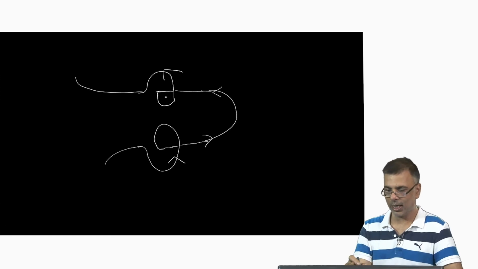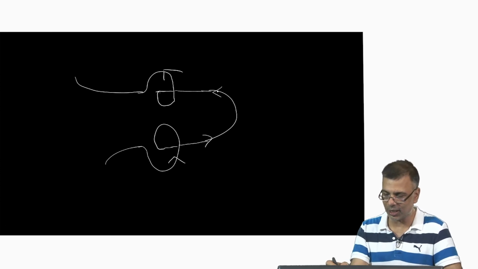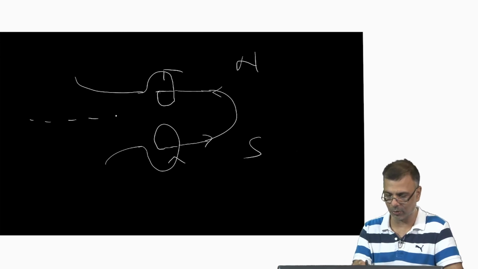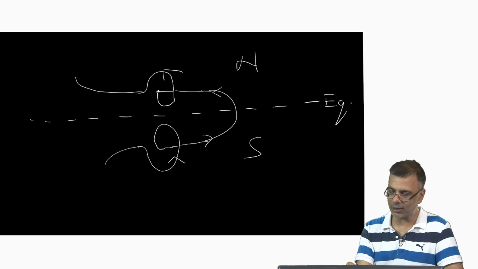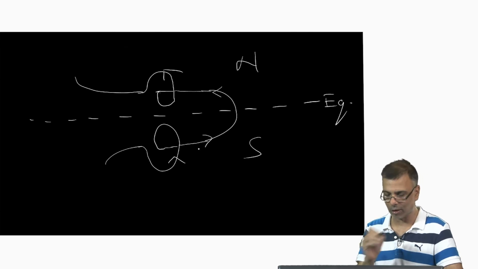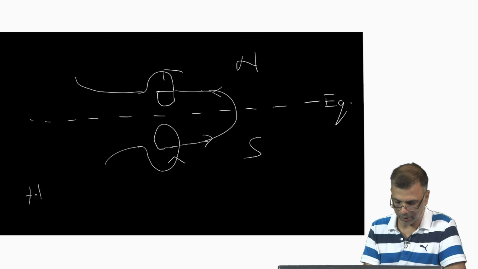You see this one is pointing this way and the rolls are this way, and this other one is pointing the other way, so this would be the north hemisphere and this would be the south hemisphere, and this is the equator. So the handedness in the northern hemisphere and the southern hemisphere are opposite.